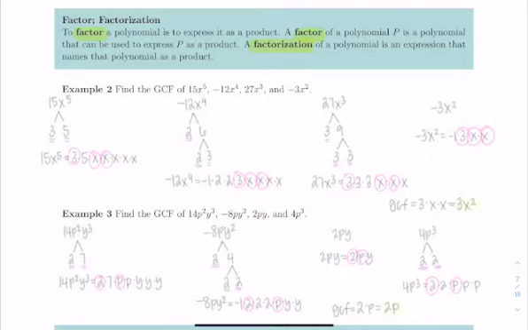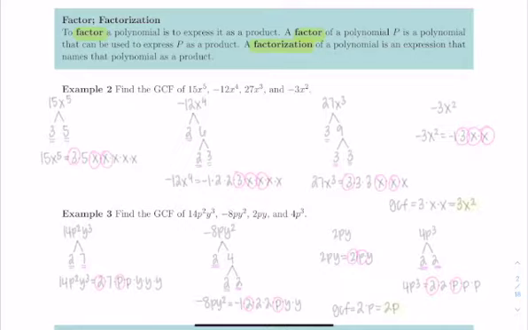So we want to find the GCF of 15x to the 5th, negative 12x to the 4th, 27x cubed, and negative 3x squared. So this works the same way that we just did the other two problems, except we're going to add in some letters now. But we still need to figure out what the greatest common factor is with the numbers, and then we can look at the letters.